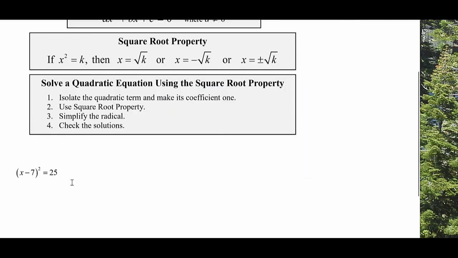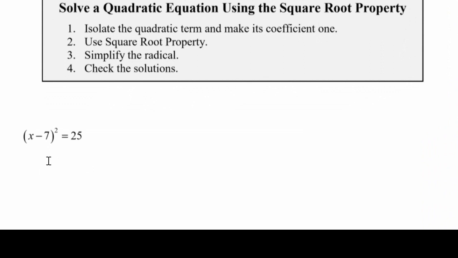So let's take a look at this first one here. (x minus 5) squared equals 25. You can see that we've got a binomial squared on the left-hand side equaling a number.